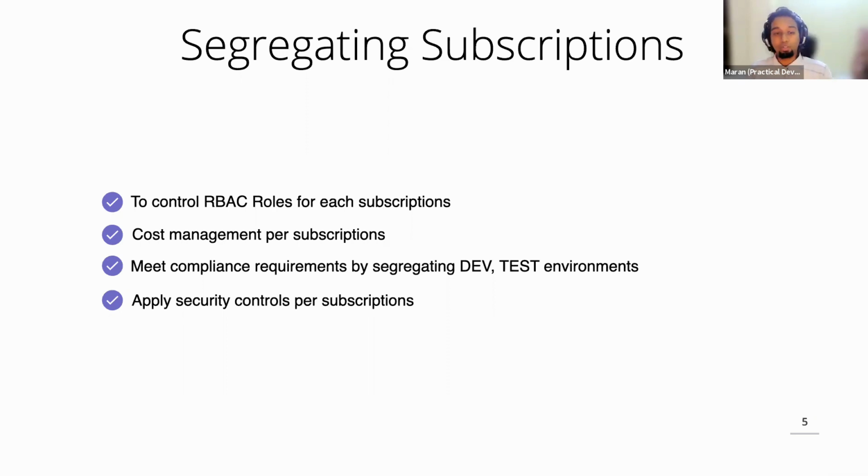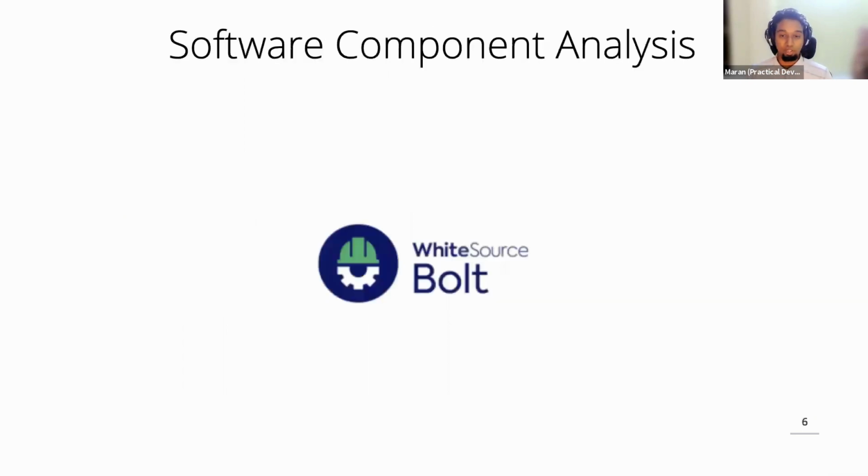Now, even in those situations, you want to manage your costs effectively, and splitting your subscriptions helps you manage costs effectively. And like I said before, a lot of these compliance requirements, such as PCI DSS or HIPAA or ISO 27001, require you to segregate your dev, test, and production environment. So that's the first step that you start with there. And you can also apply security controls per different subscription. So that's the first thing I would say.